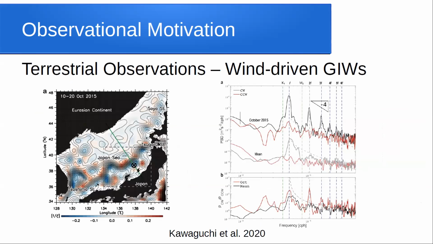Okay, so another, not convectively driven exactly, but another possibility, of course, are wave-driven or wind-driven gravido-inertial waves, or what they call near-inertial waves in geophysics. What you're seeing here are, again, time frequency and power spectral densities of clockwise and counterclockwise vortices in the Sea of Japan.